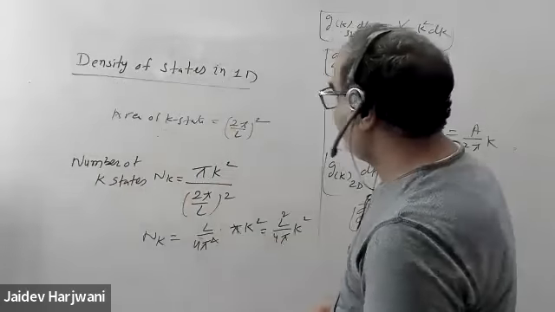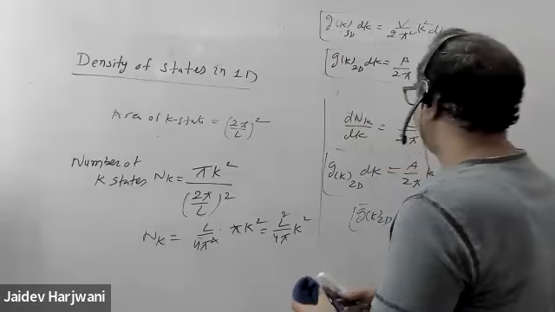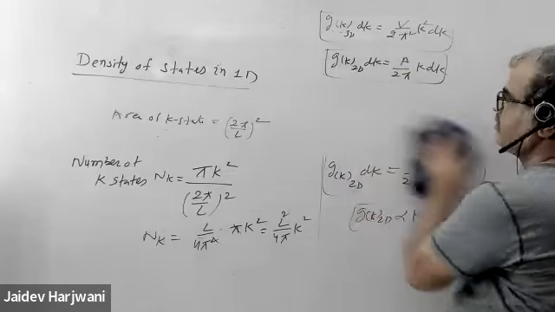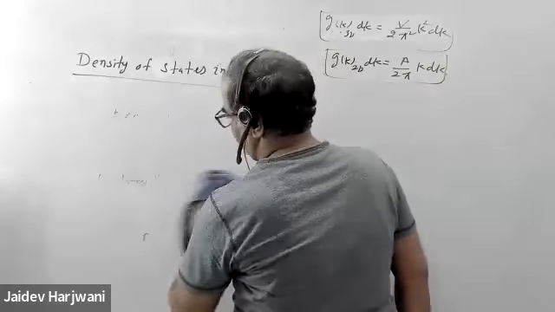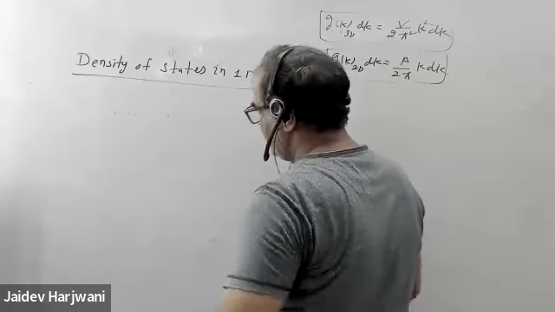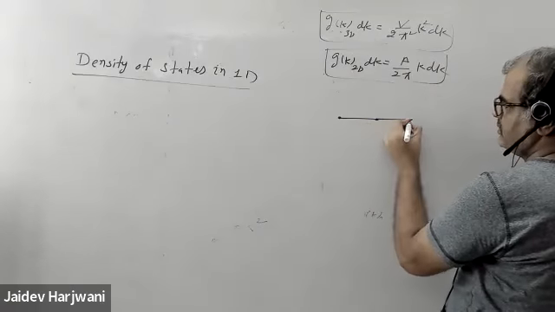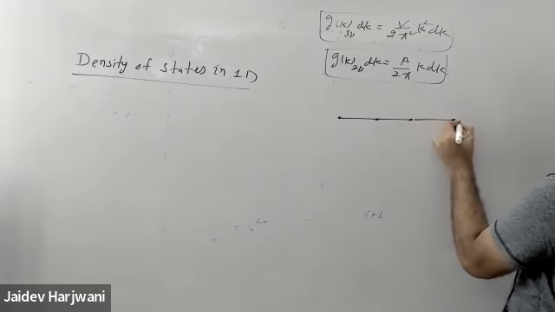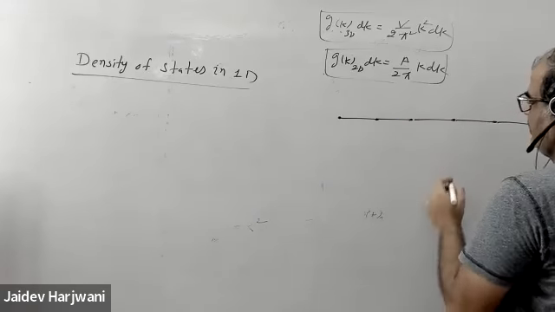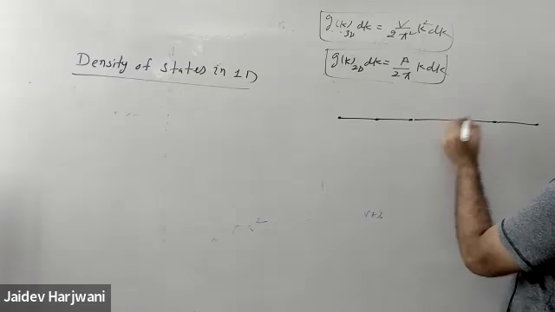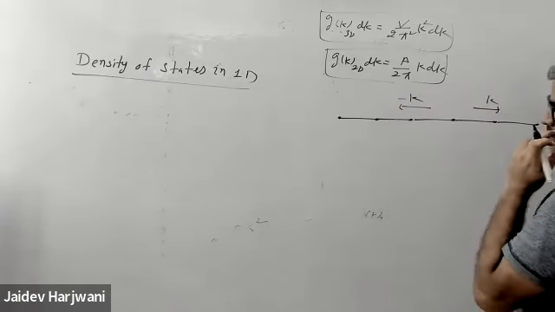And now for 1D. Now if I do it for 1D, I have a chain. The gap between two states, we have k here and minus k here.